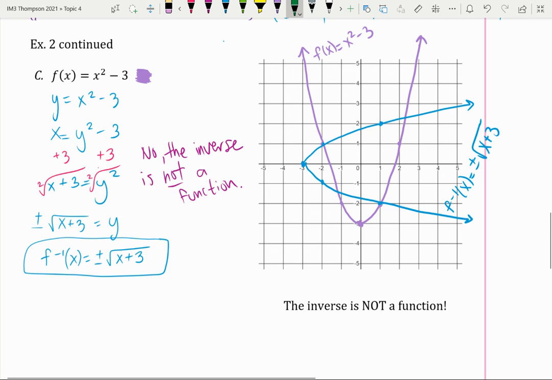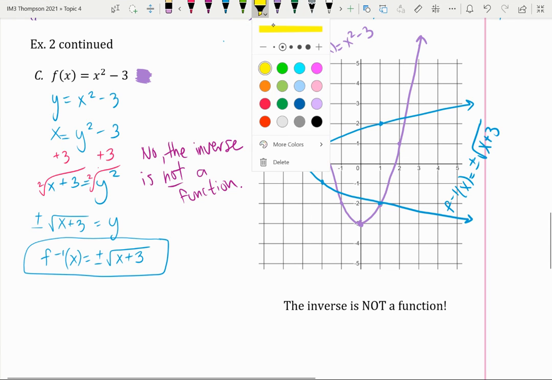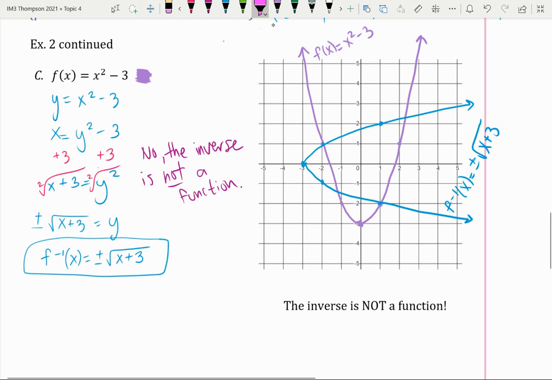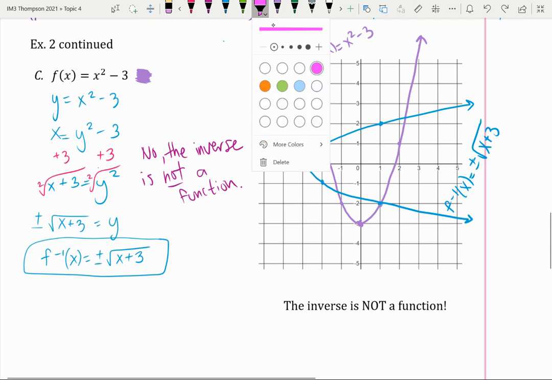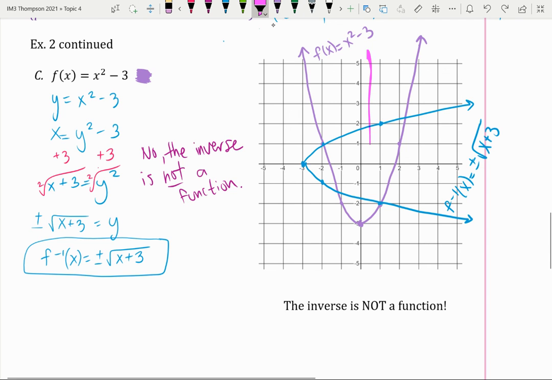If I were to draw an arbitrary line, right, then that would cross the green graph or the blue graph more than one time, right? That means that it's not a function.